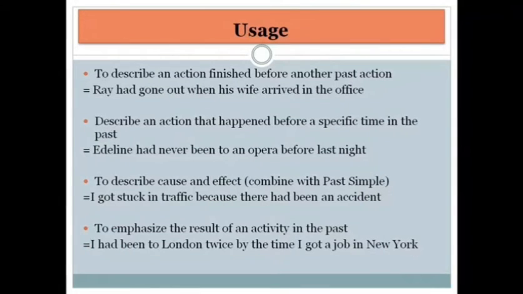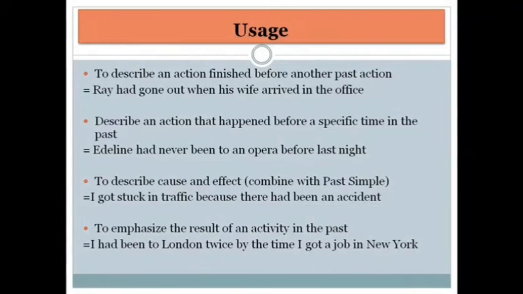Now, let's have a look at when we use a past perfect to describe an action finished before another past action. For example, Ray had gone out when his wife arrived in the office. The second usage describes an action that happened before a specific time in the past. For example, Adeline had never been to an opera before last night.